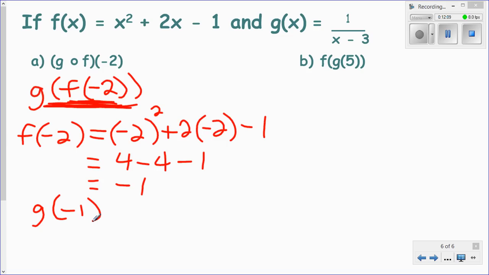So I'm really just replacing f of negative 2 with negative 1 back up here. So g of negative 1 means we're plugging negative 1 in for g, so that'll become 1 over negative 1 minus 3, and that's going to equal basically negative 1/4.